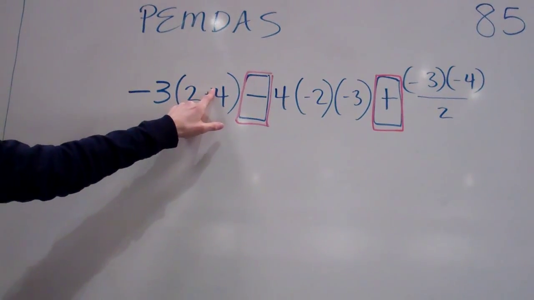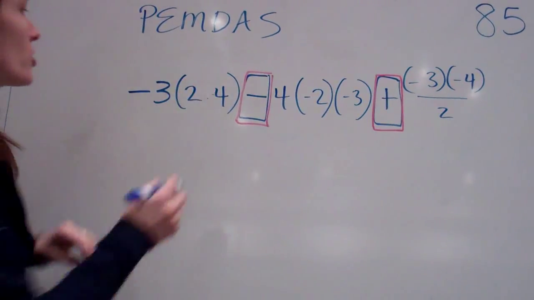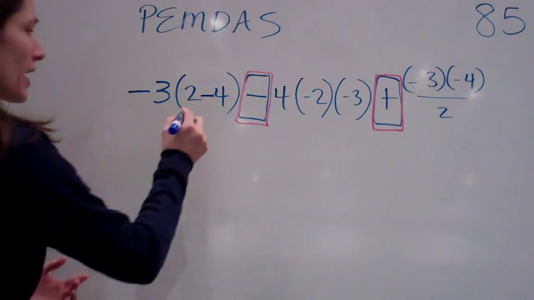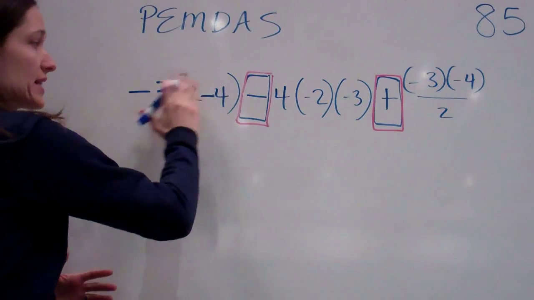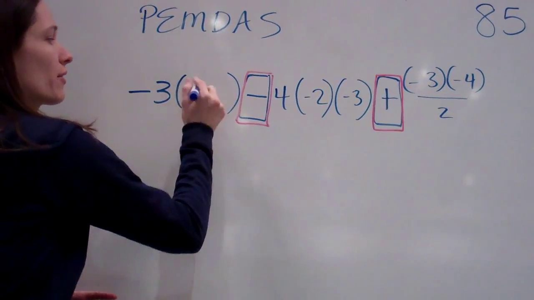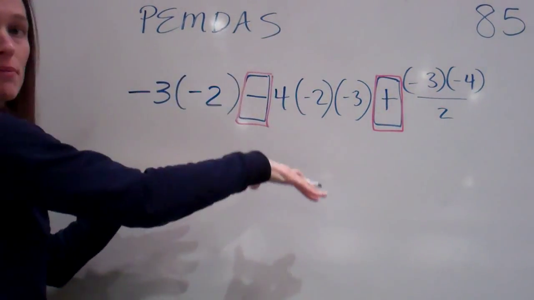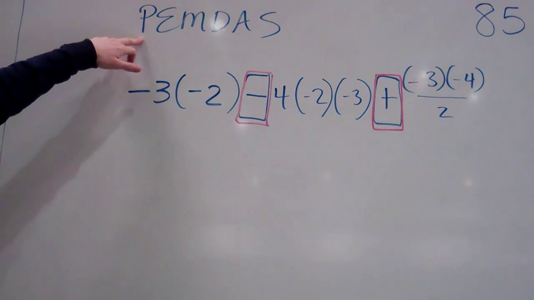But if that's not your thought process, that's fine. Just do 2 take away 4, and we're going to end up getting negative 2. Since I have the benefit of erasing, I'm just going to write negative 2 right here. I would move everything down, write that answer, and keep moving everything down. Okay, so now, do I have any more parentheses problems?